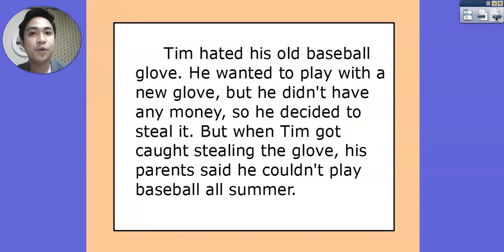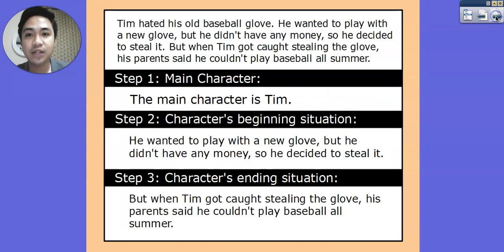So please remember the 4 steps that I gave to you in order for you to identify the theme in the story. Step 1, the main character in the story is Tim. Step 2, the character's beginning situation is that he wanted to play with a new glove, but he didn't have any money, so he decided to steal it.